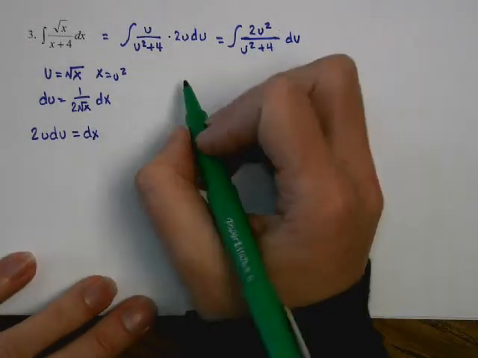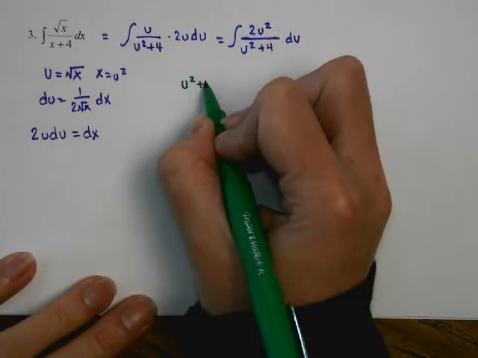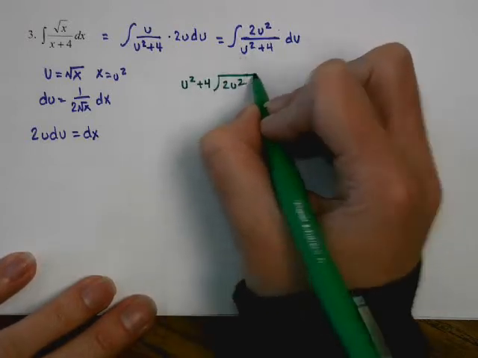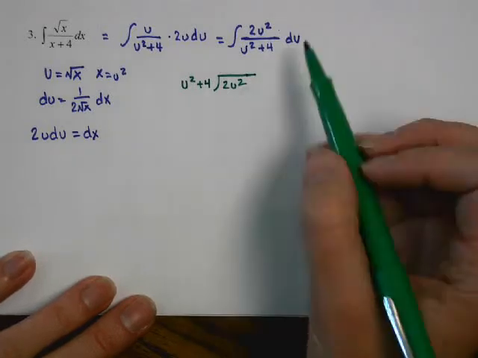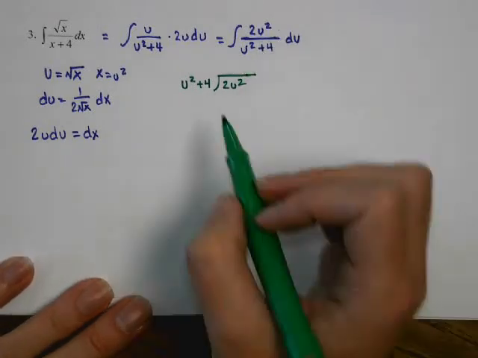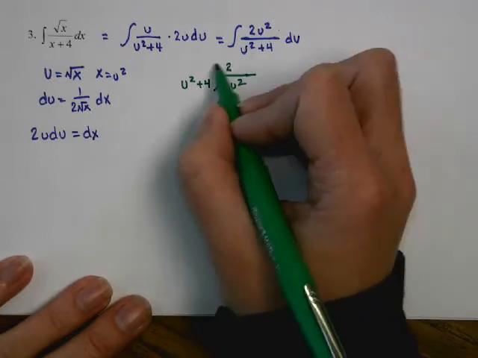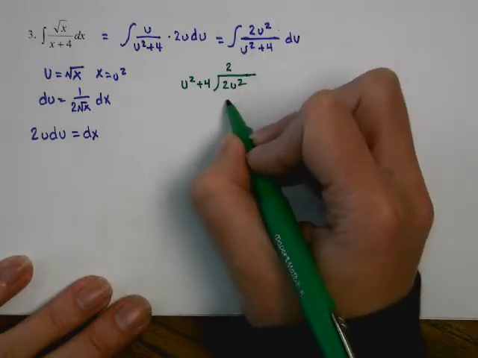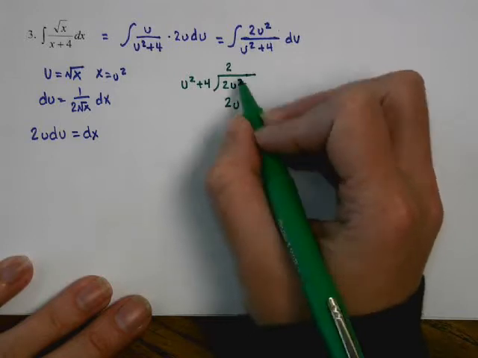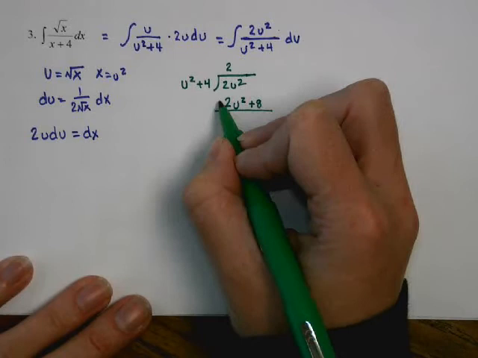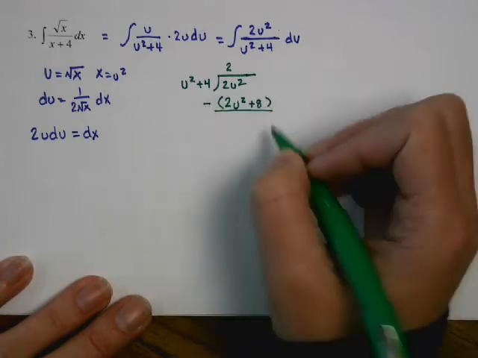So we're going to take u squared plus 4. We're literally doing this division. We're taking 2u squared divided by that. So what number would you multiply u squared by to get 2u squared? That's going to be 2. So multiply down. We get 2u squared plus 8. And we're subtracting that.